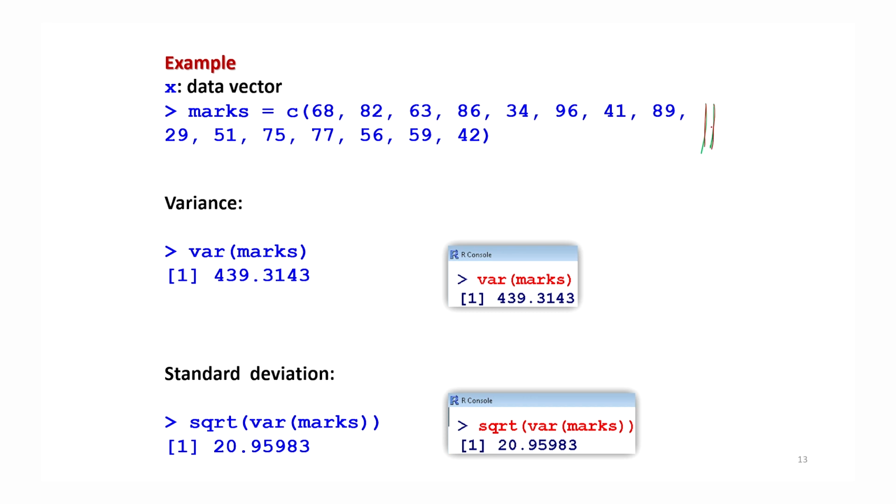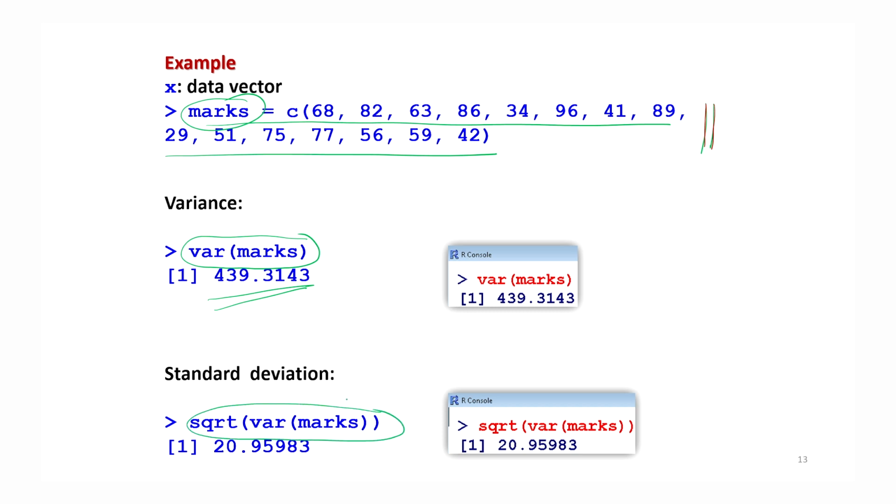This is the same data set which we have considered in the case of measure of central tendency, that the marks of a student out of 100 are stored in a data vector here, marks, and then we find out its variance, which is VAR of marks, which is here like this. When you want to find out the standard deviation or standard error, this is the square root of the variance of marks, which is here like this.